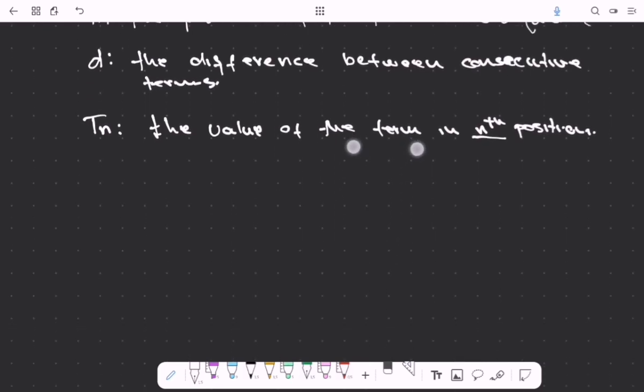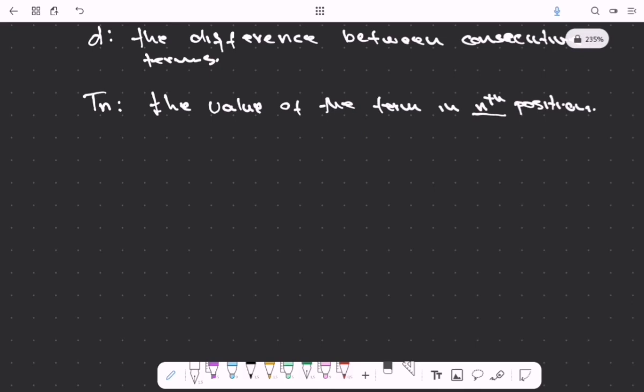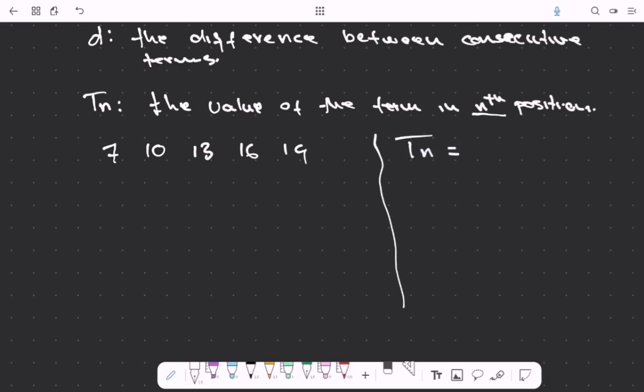Let's move on now. Let's look at an example. Let's take the example that we had, the 7, 10, 13, 16, and 19. Let's try and find everything that is in this equation. So basically we are finding the nth term, or the general term, of the arithmetic sequence, right?